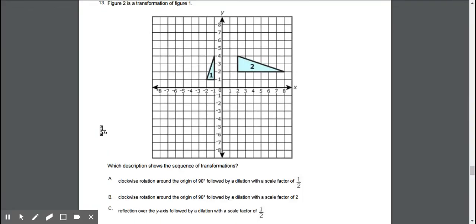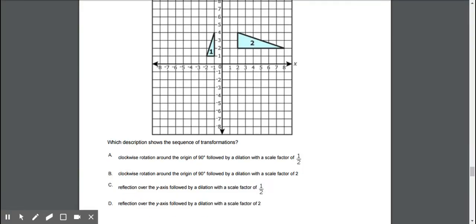Question 13. Figure 2 is a transformation of Figure 1. What description shows the sequence of transformations? A, clockwise rotation around the origin of 90 degrees, followed by a dilation with a scale factor of 1/2.